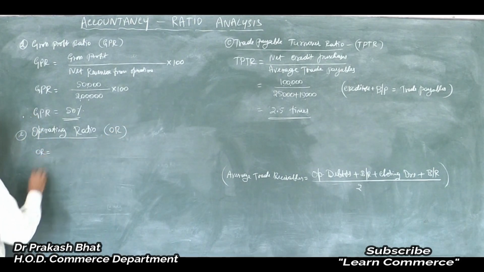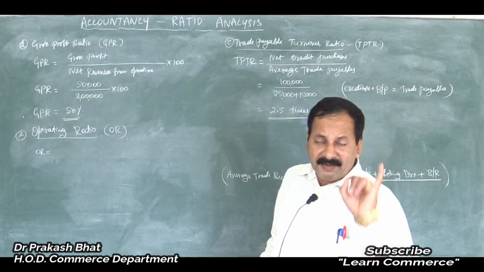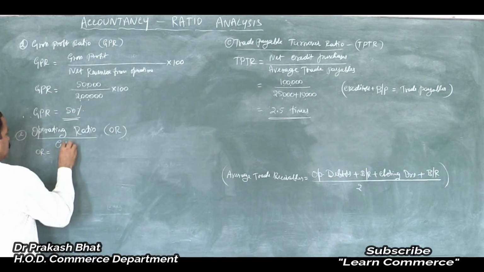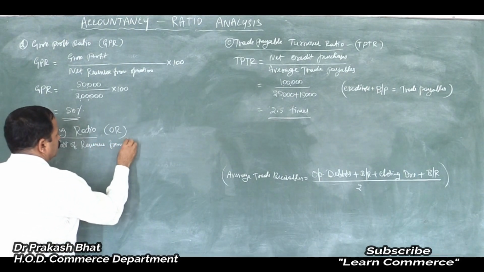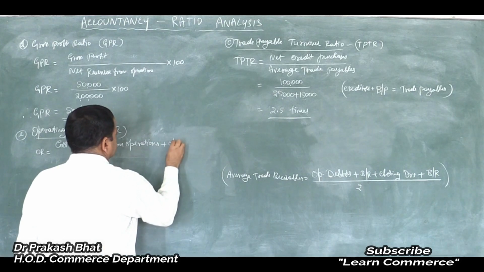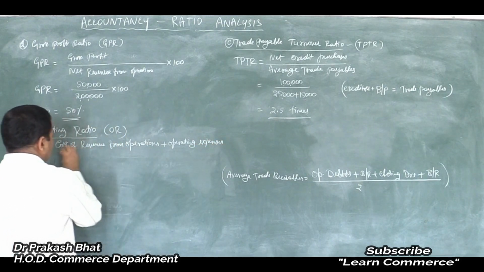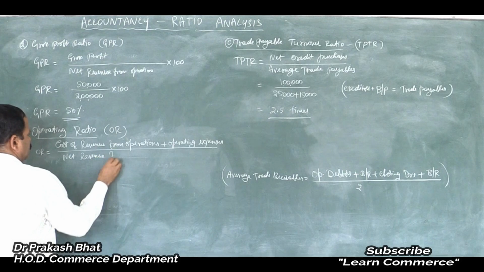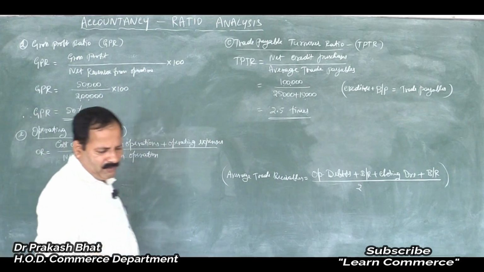OR is equal to, write the formula: cost of revenue from operations plus operating expenses divided by net revenue from operations into 100, right? Into 100.